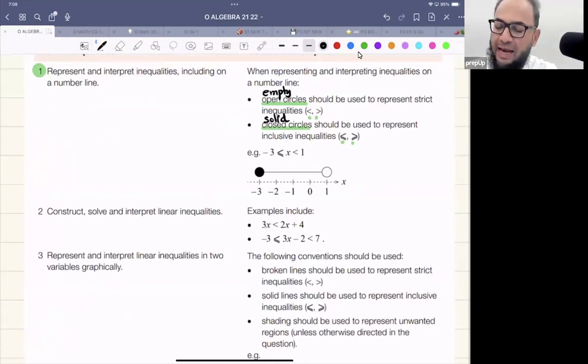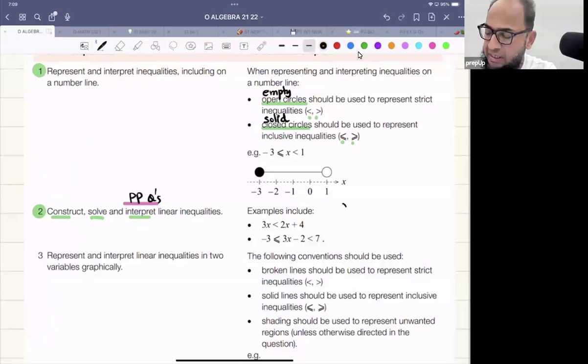Construct, solve and interpret linear inequalities. So this is construct, this is solve, this is interpret linear inequalities. As far as interpretation is concerned, we will do a little bit when we use the past paper questions. So over here, in past paper questions, we will be interpreting it.